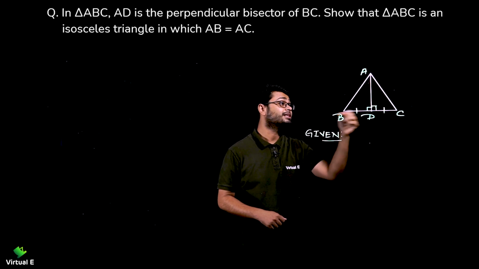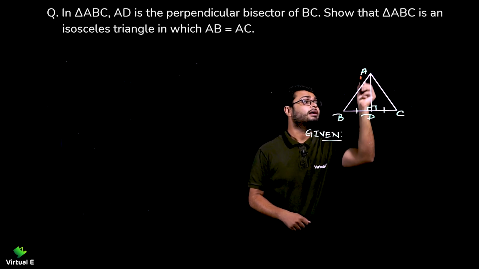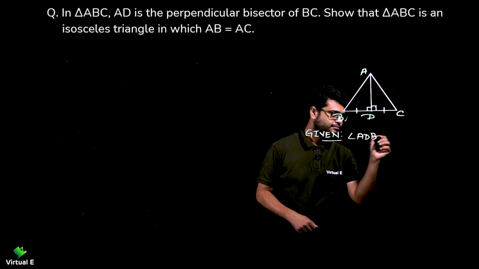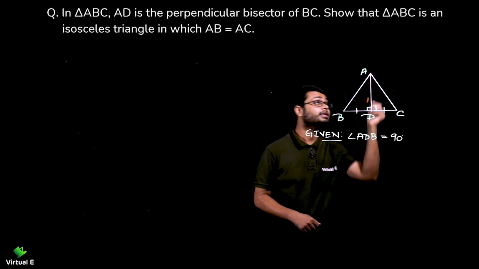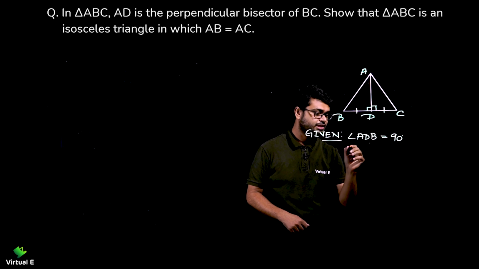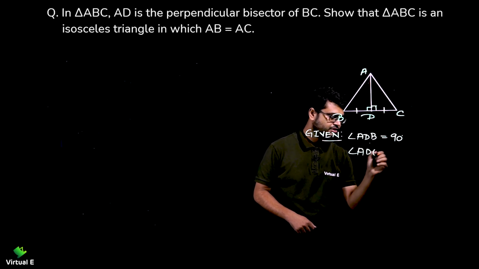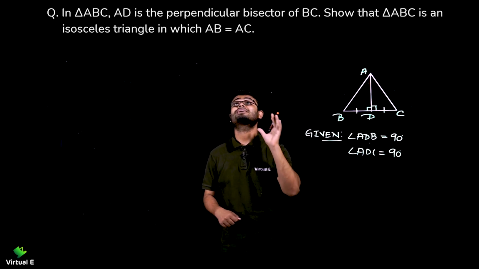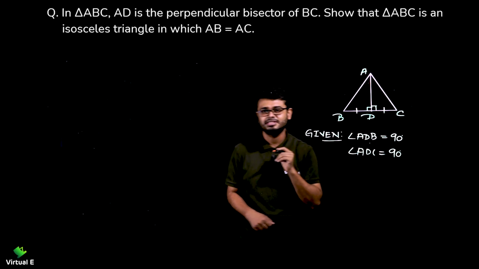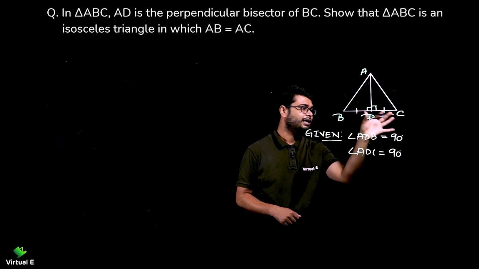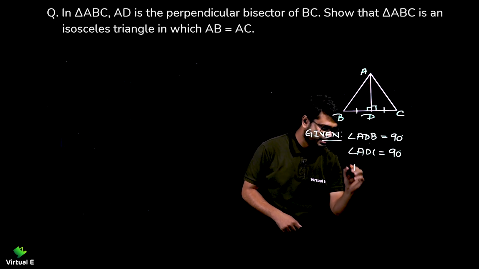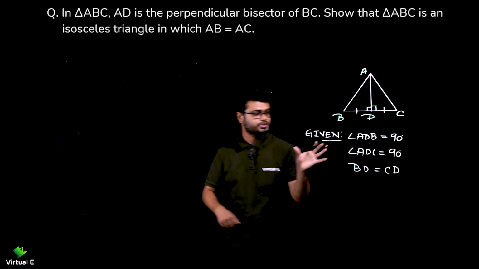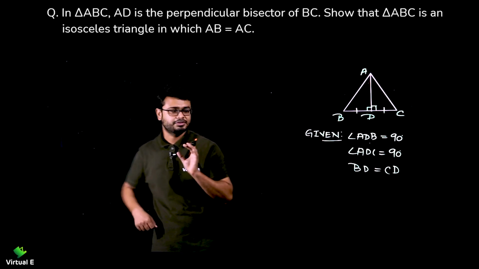We have this as 90 degree perpendicular, angle ADB is equal to 90 degrees and ADC is equal to 90 degrees as well. Then one more thing, it is given bisector of BC. Bisector of BC means what? BD and DC is equal. So let's write BD is equal to CD. So these are the given conditions.